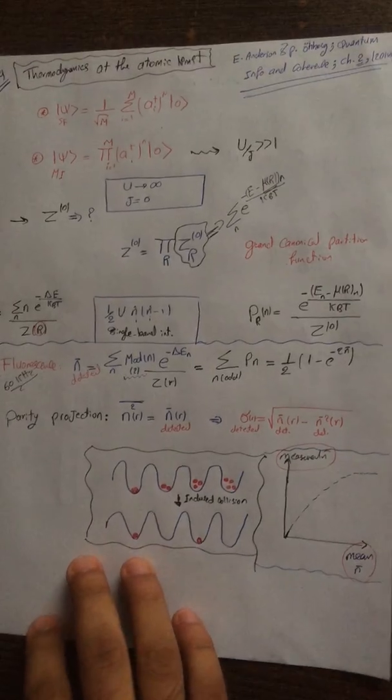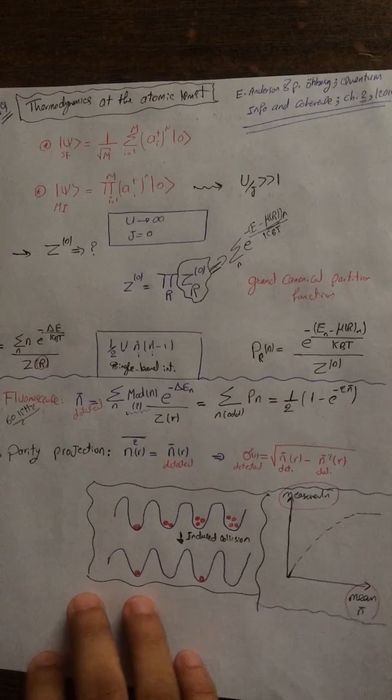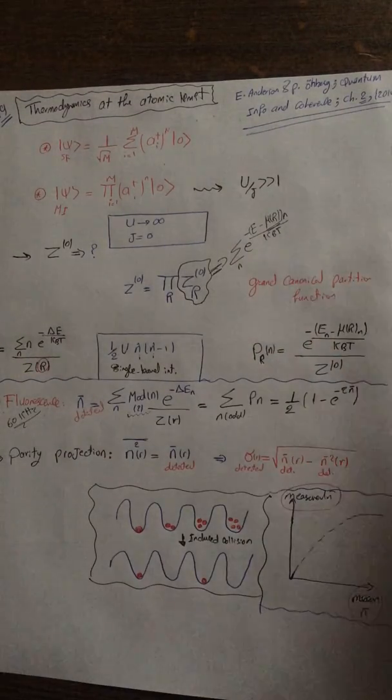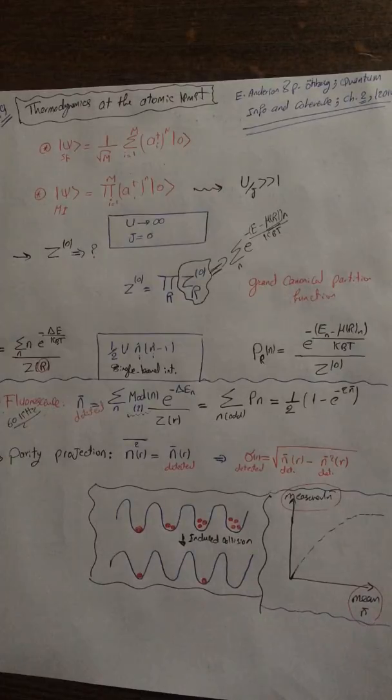You can go to the Andersen-Oberg book on quantum information and coherence. Go to chapter 2 and you see these nice images for parity-projected measurements, and you can also see many images constructed for the Bose-Einstein condensate and superfluid case in real time.